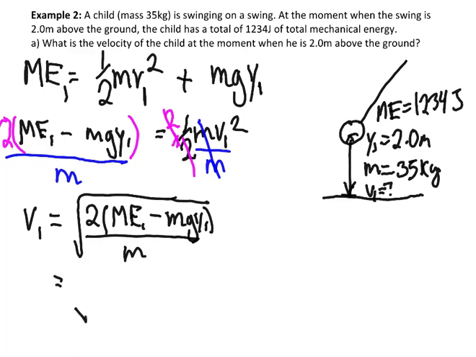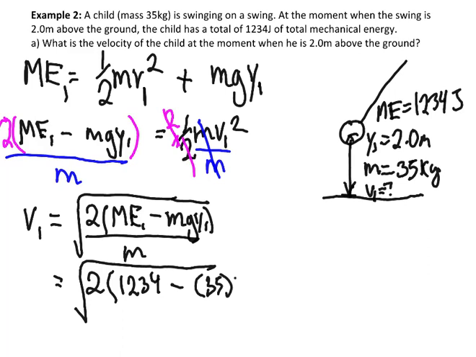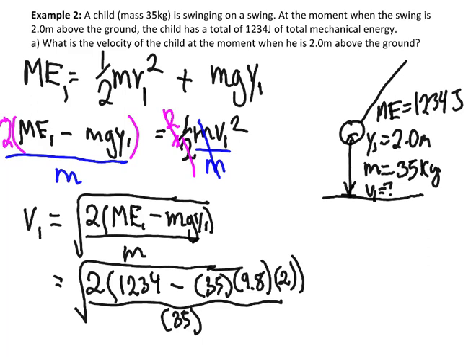And then you can plug in your numbers. So the mechanical energy is 1,234 joules. The mass is 35. G is 9.8. Y1 is 2. And all of that is divided by the mass, which is 35. So toss all of that into your calculator.